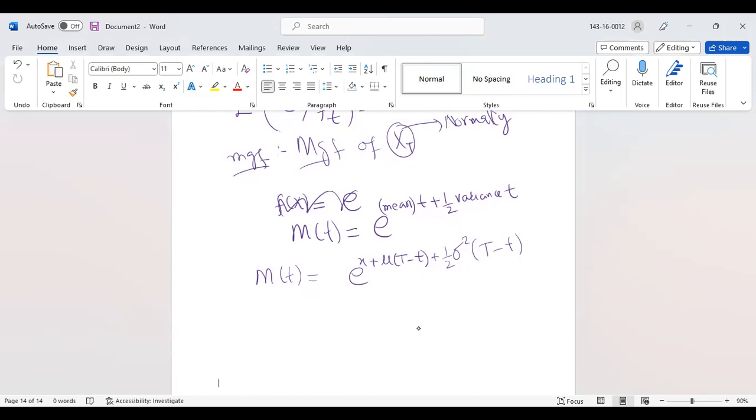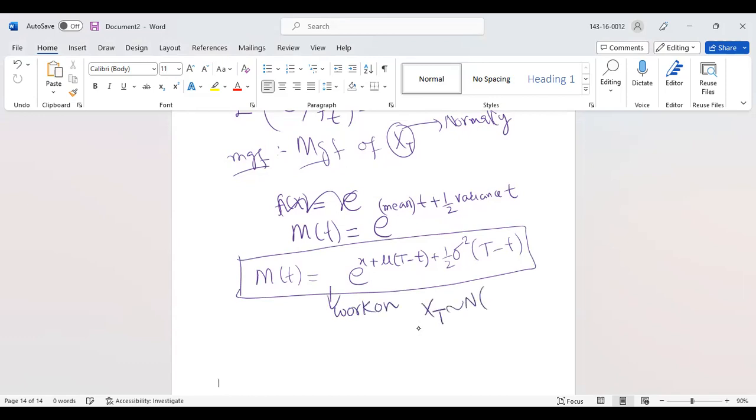You have to work on this further: X of t was normally distributed with mean and variance. So what is its moment generating function?